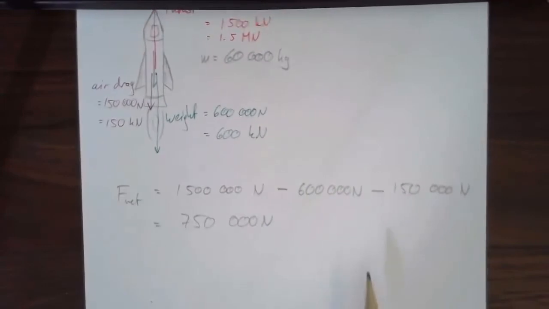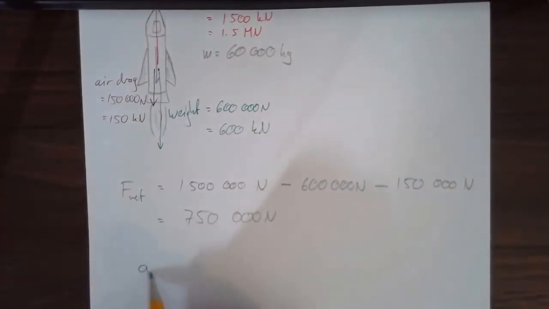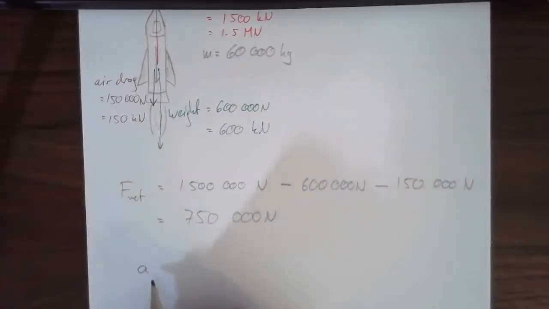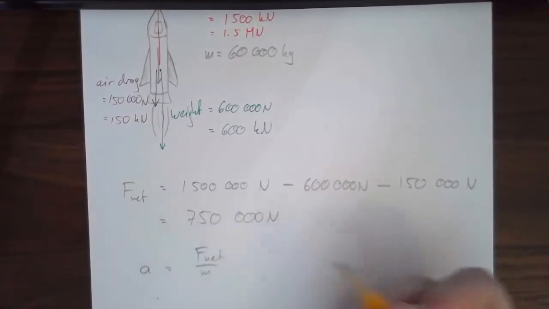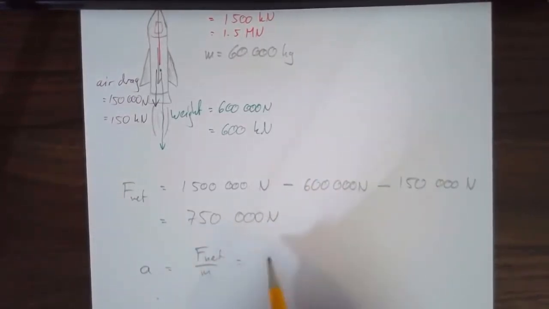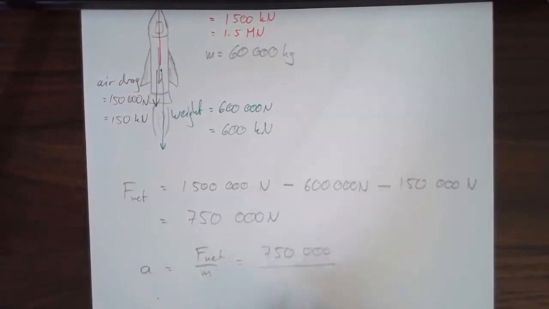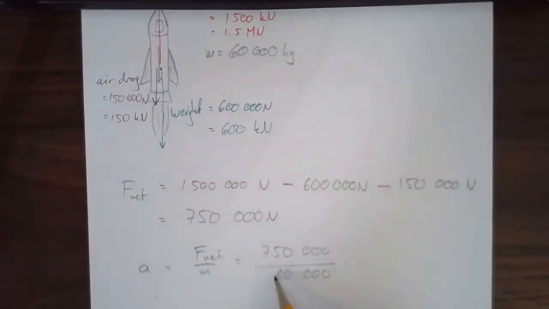Okay, so what's the acceleration? The acceleration is given by the net force divided by the mass. So I take 750,000 and divide it by 60,000. What does that come to?